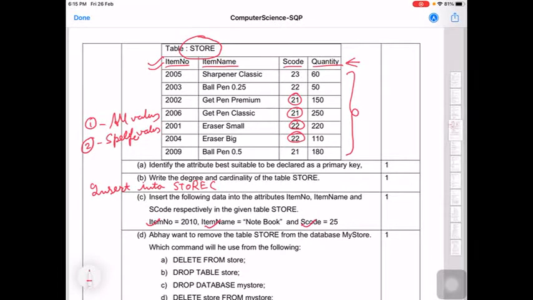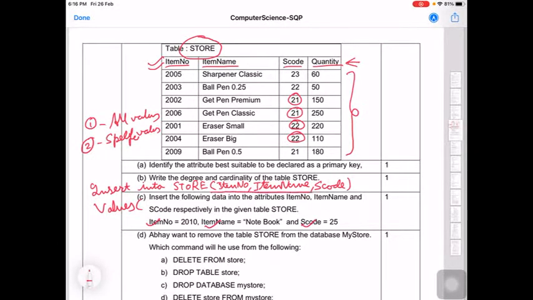Okay, and the name should be as it is, item name, comma, S code. It is the first line, and in the second line you will be writing values. Okay, so if you have to enter all the records, then you can omit this part.